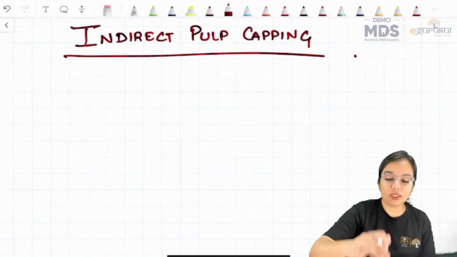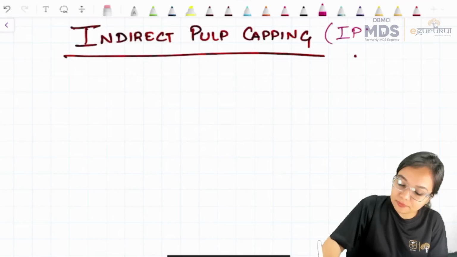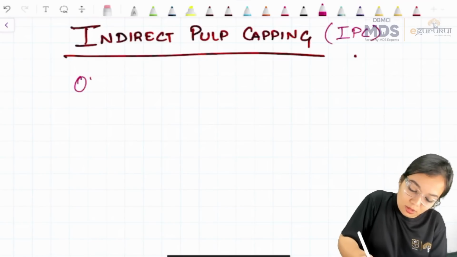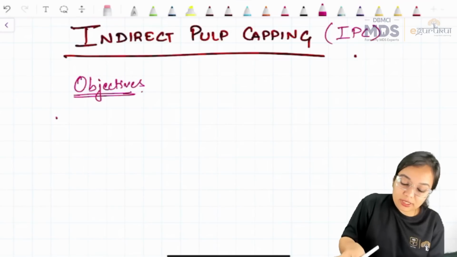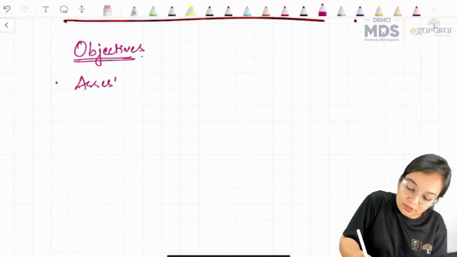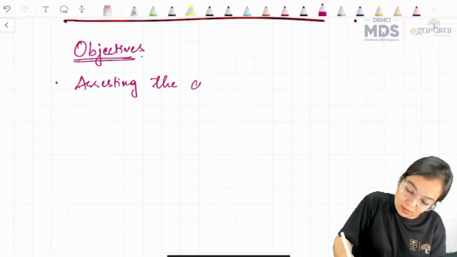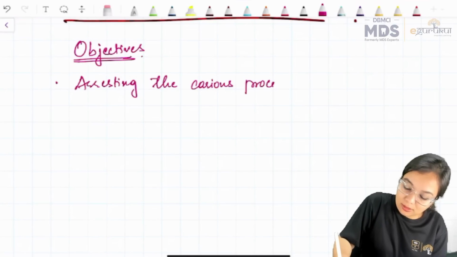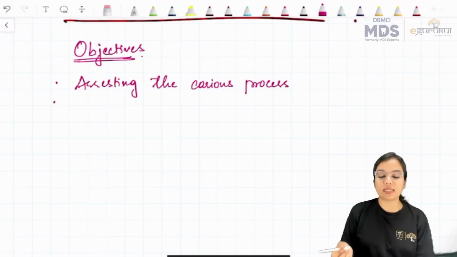Okay, now what are the objectives of IPC, or indirect pulp capping? The objectives are: first, arresting the active carious lesion. Then promoting dentine sclerosis.